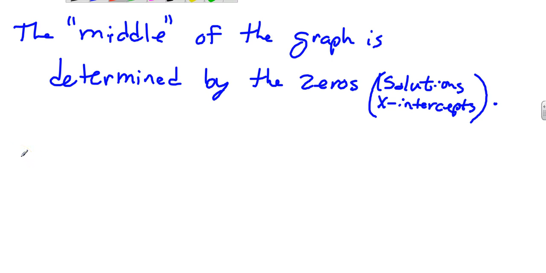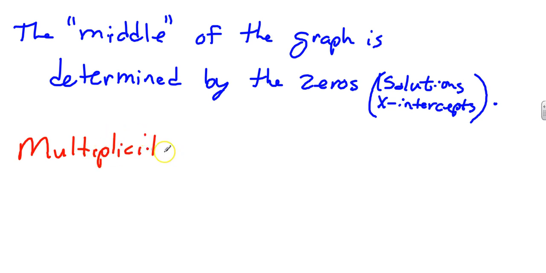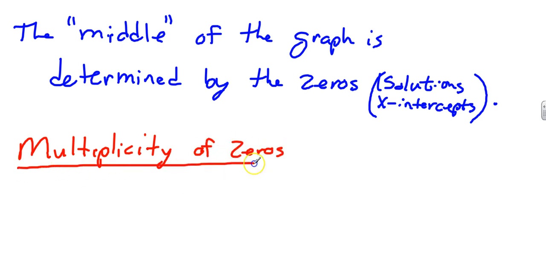As you're going through the solutions on these, here's one thing that we're tying in, and this is where we'll start to tie in everything that goes along with the solutions. But the multiplicity of the zeros is basically this.